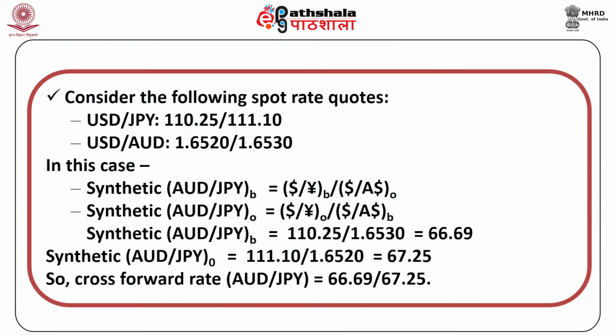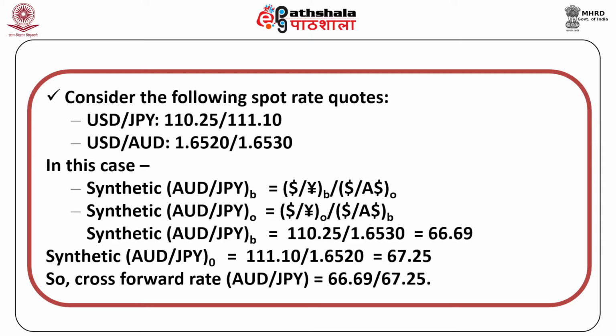Calculation of forward cross rate. Consider the following spot rate quotes. US dollar by Japanese yen is equal to 110.25 by 111.10 and US dollar by Australian dollar is 1.6520 by 1.6530.